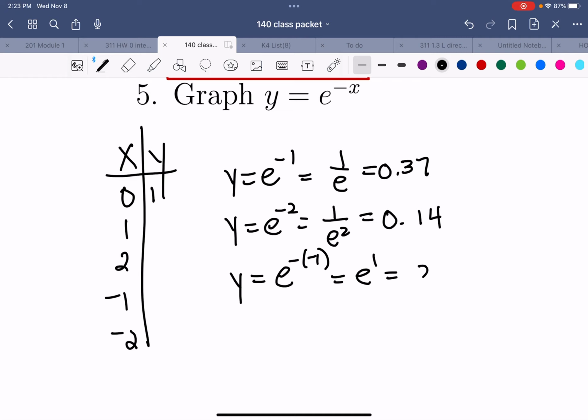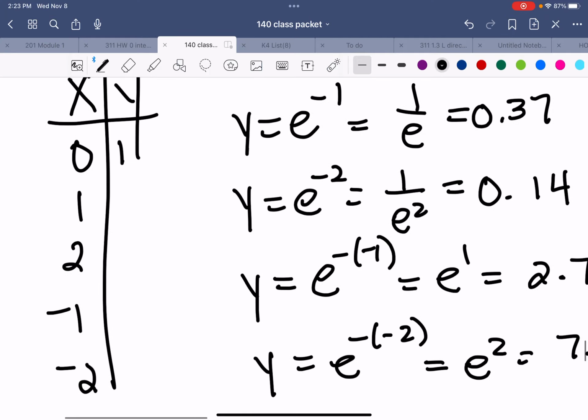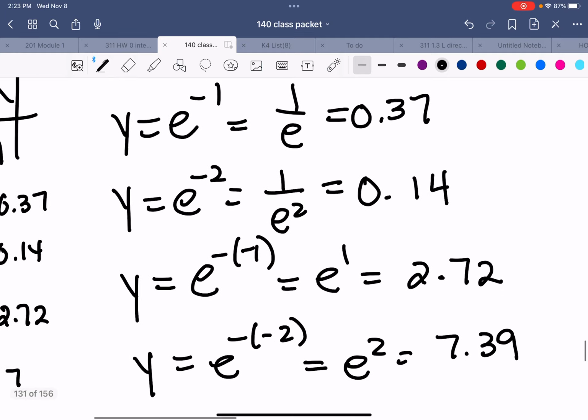So if we round it, that's 2.72 actually when we round to the second decimal place. And then we're taking e to the -2, and that's e to the positive 2. Squaring e, we get 7.39. So those are the values that we have to graph. 0.37, 0.14, 2.72, and 7.39.